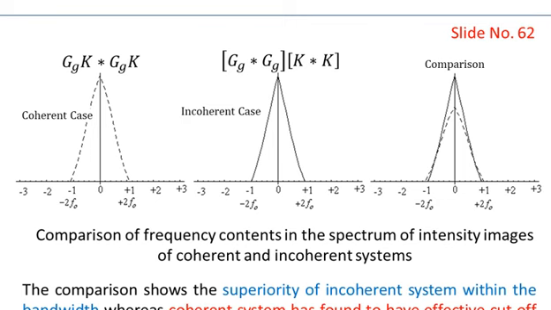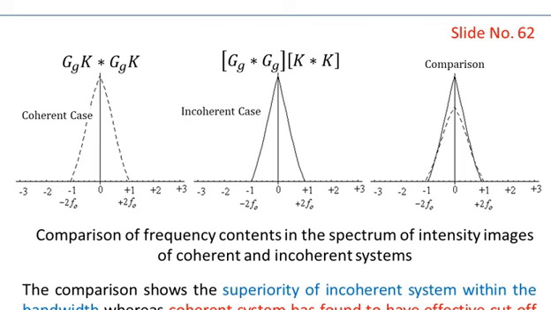So on the left hand side we have the coherent image case, which we have shown in the dotted line. And the incoherent case is shown in the center, which we also obtained from the previous example and showed in the solid line. And on the right hand side we are showing the two results together for comparison.